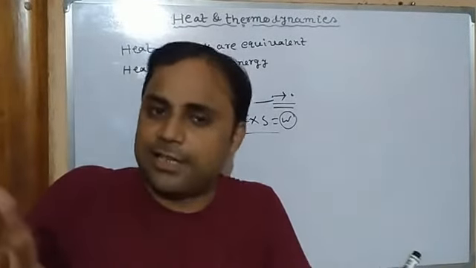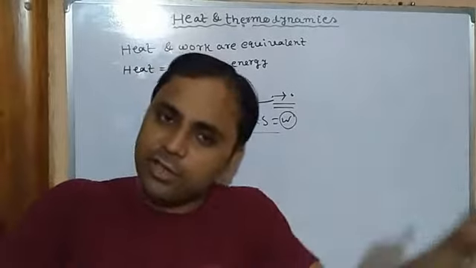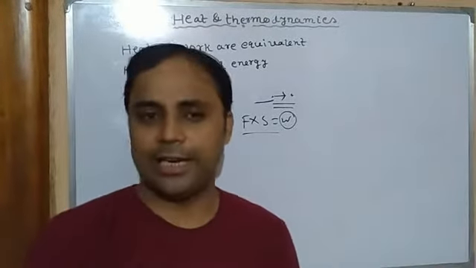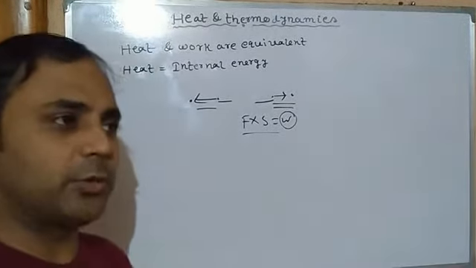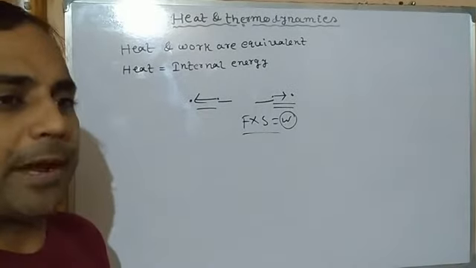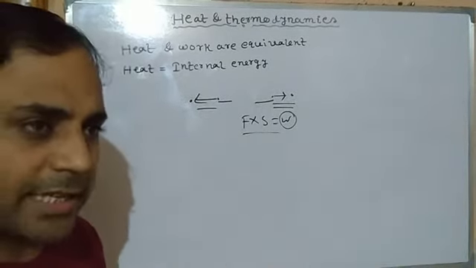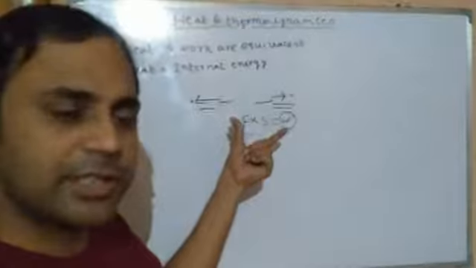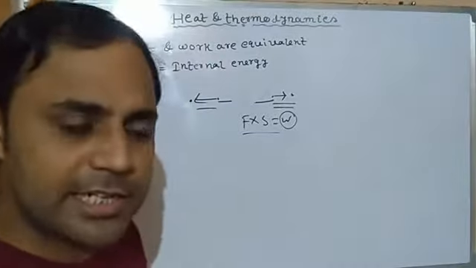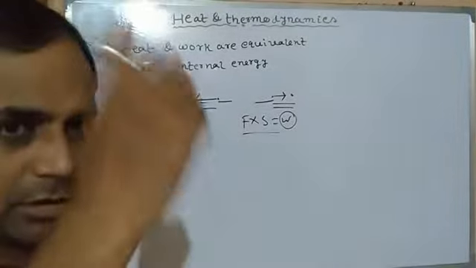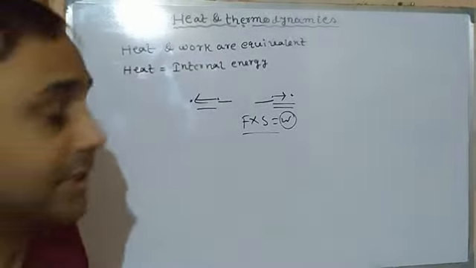Since it is related to the molecules internally, this is called internal kinetic energy. Clear? So internal potential energy arises due to force of attraction or repulsion, and internal kinetic energy is due to thermal agitation or vibrational motion.